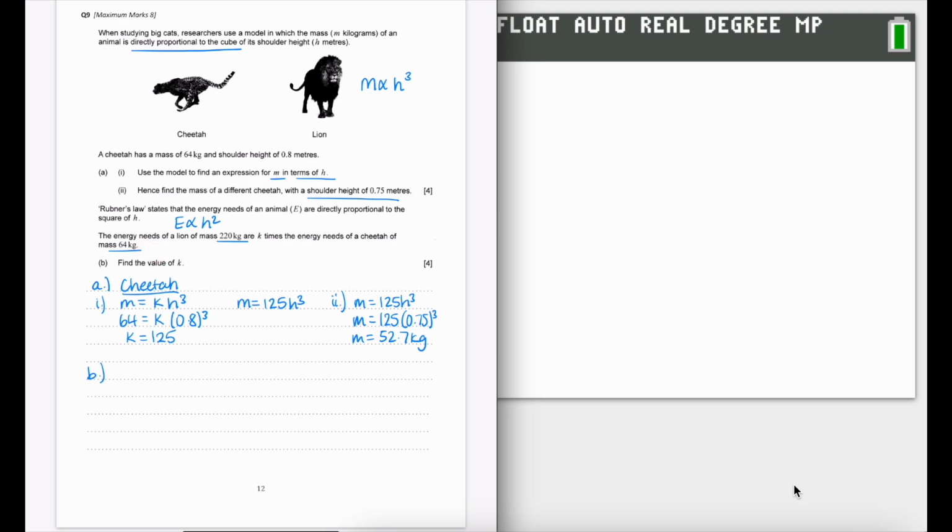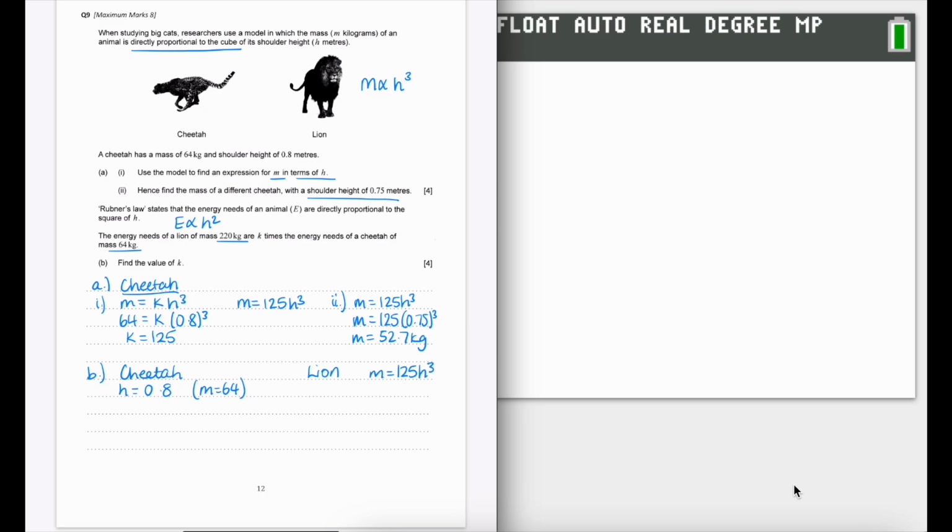Looking at the question, this 64 kilograms is what I've already worked out for a cheetah. So in terms of the cheetah, I already know that the h value is 0.8 for the mass of 64. But I now need to find that same information for the lion. So going back to part A, I know that the mass is equal to 125 h cubed.